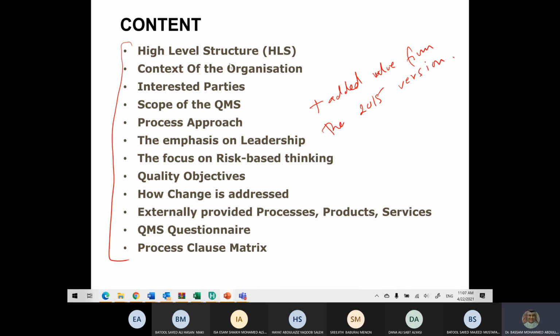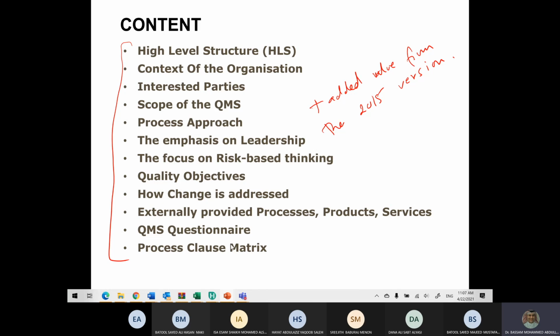So what you can see here, mostly, or partially some of them, the definition was changed. These are the added values that had been added to 2015. So most of this was not there in the 2008 version. Okay, and this is where we are going to explain this.